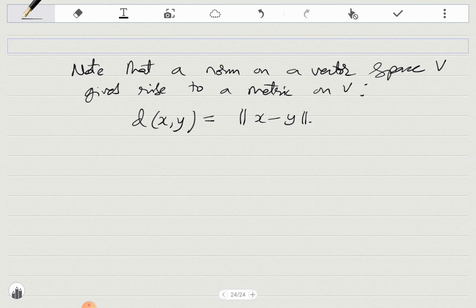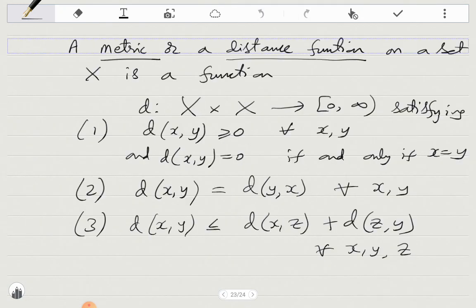So let's quickly see that if I define a metric like this, it is indeed a metric in the sense that it satisfies the three properties. Well, the first property, d(x,y) greater than or equal to 0, is norm of x minus y greater than or equal to 0. And the norm is 0 if and only if the vector is 0. So that happens if and only if x equals y.